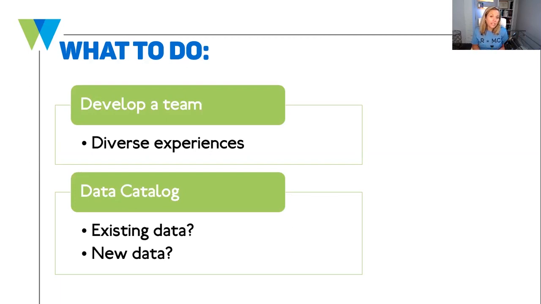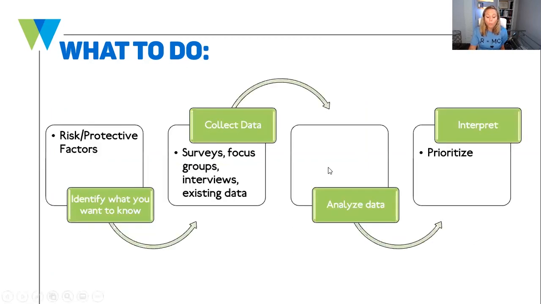There may be other data that you don't know, so drivers or risk and protective factors for particular communities or sub-districts. You might have to go out and talk to people, maybe do some focus groups, maybe do some surveys, maybe just do some interviews with key informants to get to know what the conditions are for the particular target population that you're working with. So this is new data that you may need to collect. So what we want to do when we go out there to collect new data is first identify what we need to know.